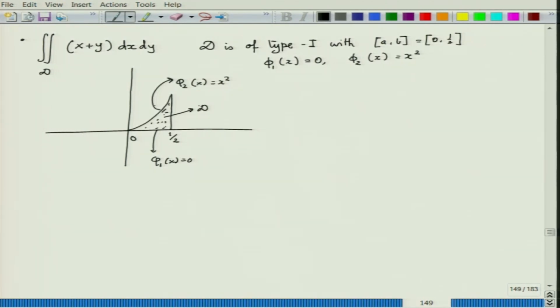This is a type 1 domain, but later on we will see that this can also be expressed as a type 2 domain, and you can check the answer. Because it is a type 1 domain, I have a very straightforward thing to do, what we have learnt in the last slide. So, it is 0 to half, integral 0 to x square, of x plus y.